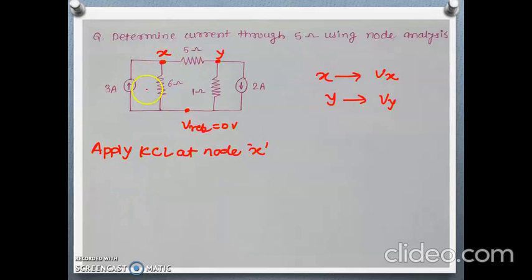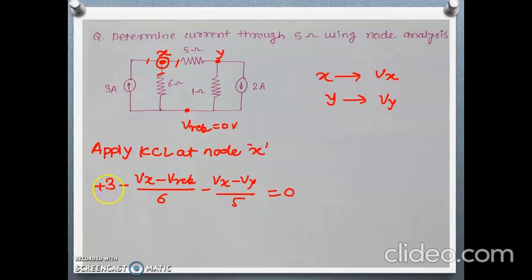So at this X, this 3 is incoming, so positive 3. This is outgoing, so minus (Vx minus V reference) divided by 6, and this is also outgoing, and the potential difference across this 5 ohm is Vx minus Vy. So minus (Vx minus Vy) divided by 5 equals 0, because at this X node only 3 branches are meeting, this one and this one.